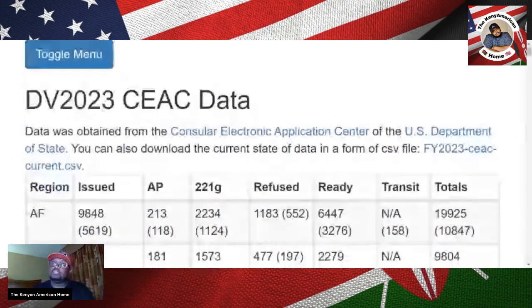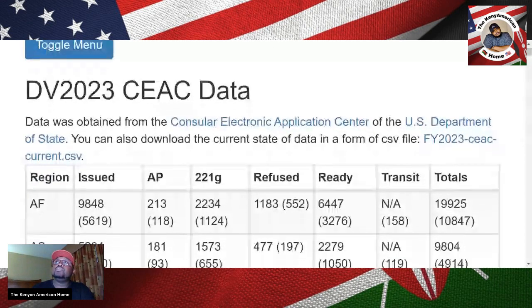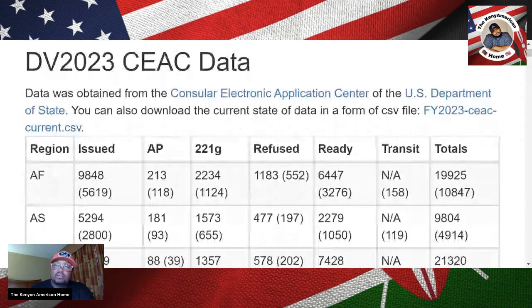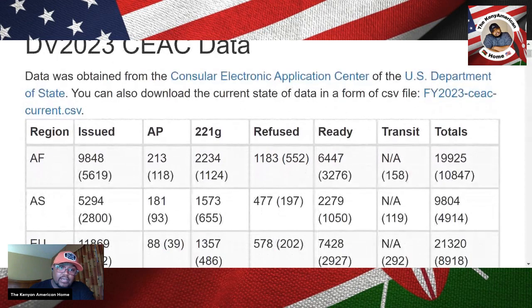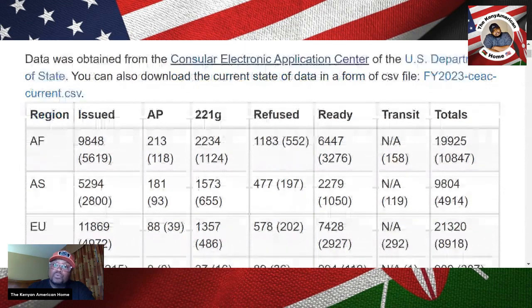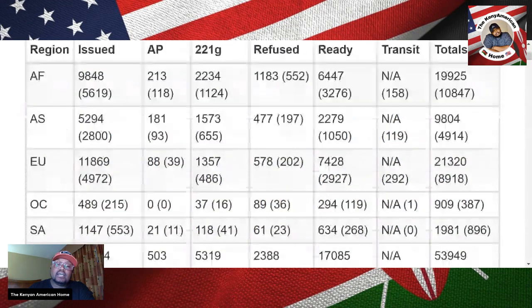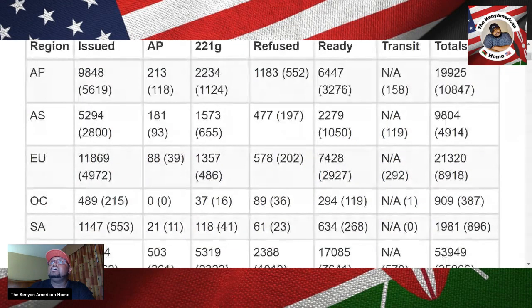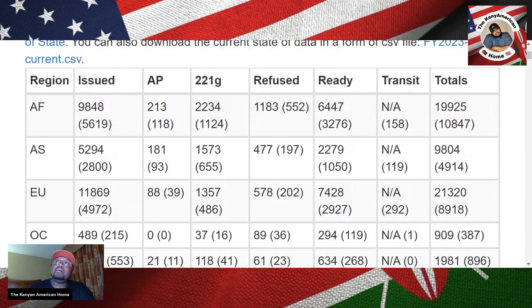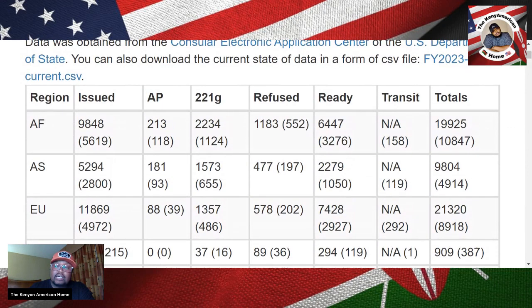It does it by year. So it gives you the DV 2023 visas and what the status is. You look at the regions: Africa, Asia, EU, Oceania, South America. Africa has issued 9,848 visas. That's the number of people.